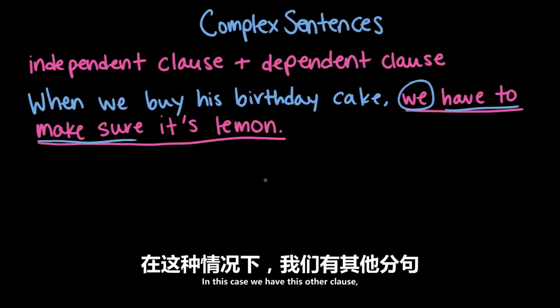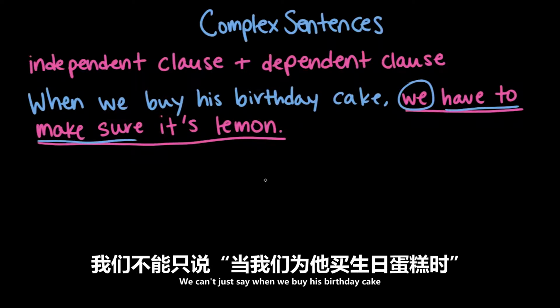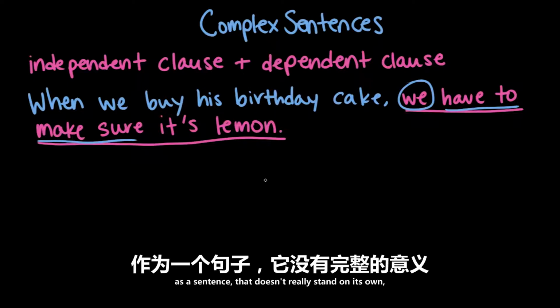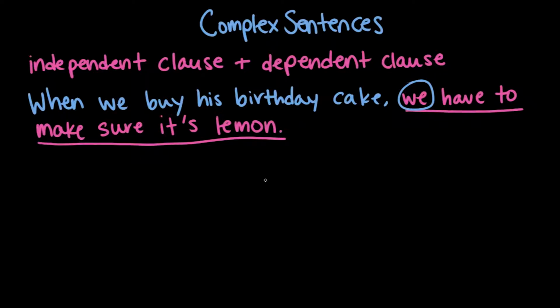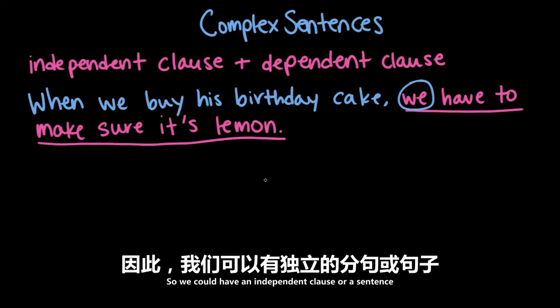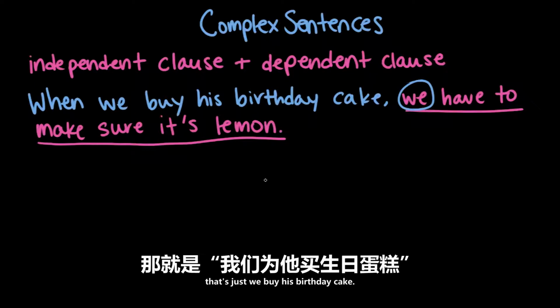In this case, we have this other clause, what's called a dependent clause. We can't just say, when we buy his birthday cake, as a sentence. That doesn't really stand on its own. It doesn't convey the information that a sentence needs to convey. So we could have an independent clause or a sentence that's just, we buy his birthday cake.